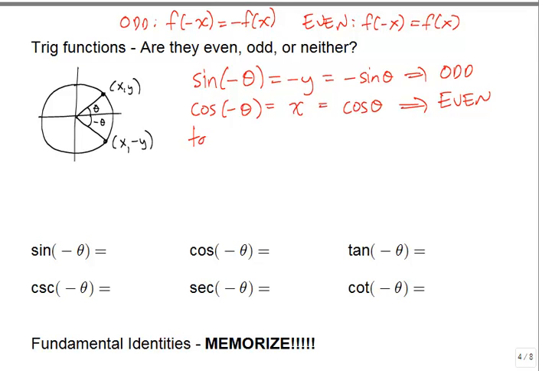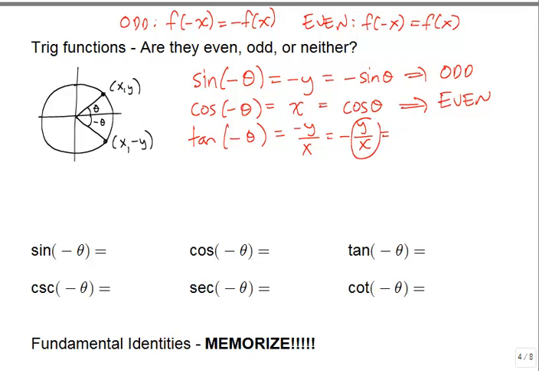Now let's look at tangent. If we wanted the tangent of minus theta, that would use this terminal point down here. We take its y-coordinate, which is negative y, divided by its x-coordinate, which is x. If I pull that minus out front, it's minus the quantity y over x, and this y over x is the tangent of positive theta.